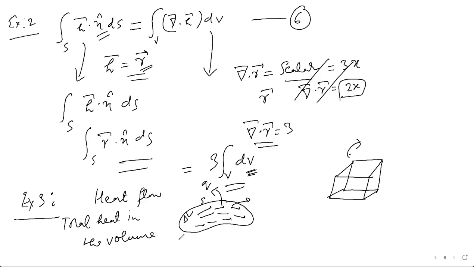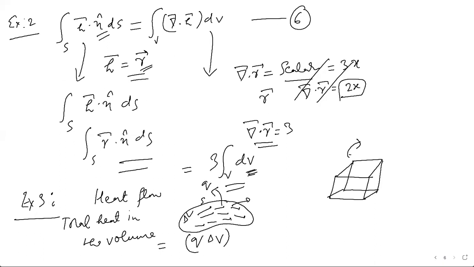Can you guess that? If Q is the heat per unit volume and delta V is the volume, then the total heat in the volume delta V will be how much? So it will be something like Q delta V, right? Isn't it?